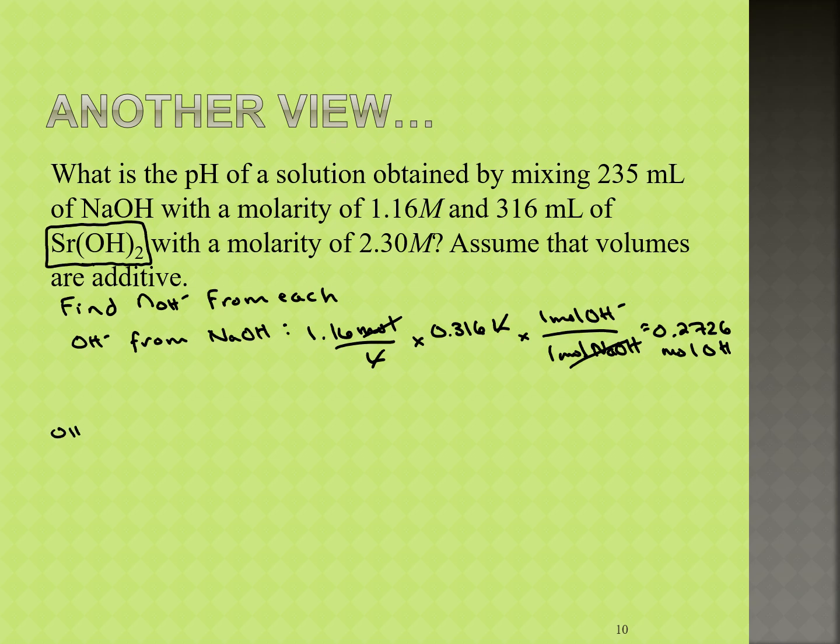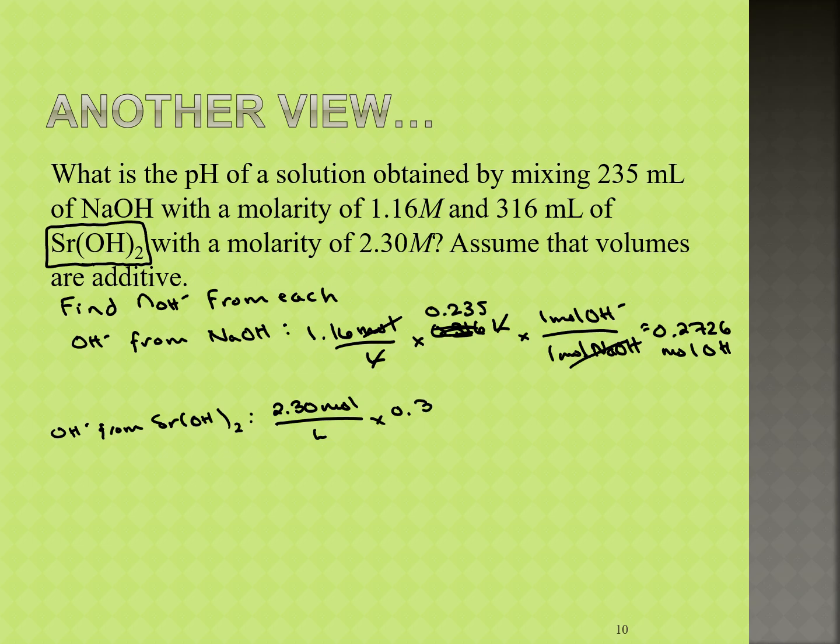Now we're going to do the hydroxide from the strontium hydroxide. Same equation, but we're going to do 2.30 moles per liter. Where's my volume for that one? Oops. This one should have been 0.235.